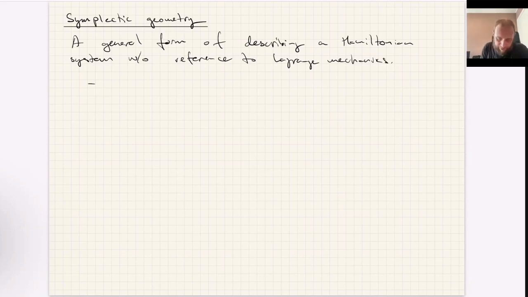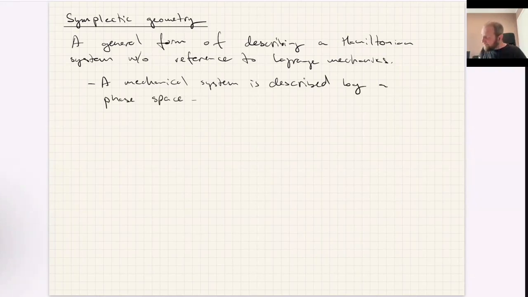It says that a mechanical system is described by its phase space, which is a 2n dimensional manifold. So an even dimensional manifold.